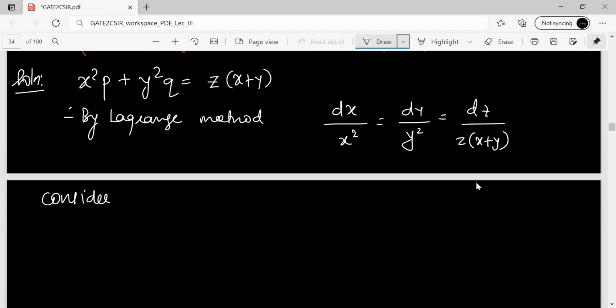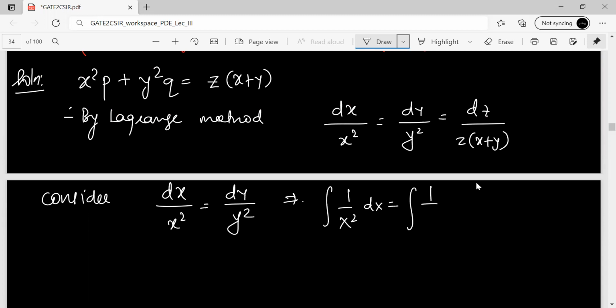This is an integrable function of x, and here with respect to y. So I'll consider first two pairs and integrate them. So am I getting minus 1 upon x equal to minus 1 upon y plus c1.